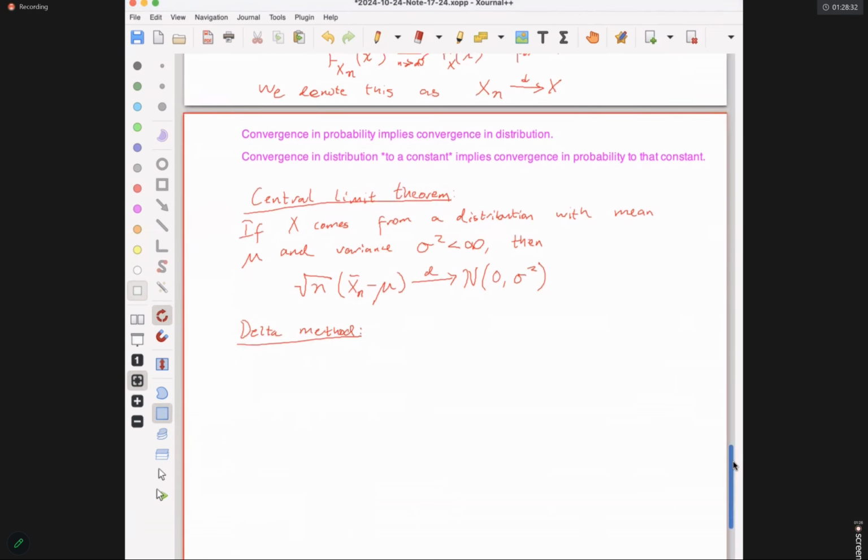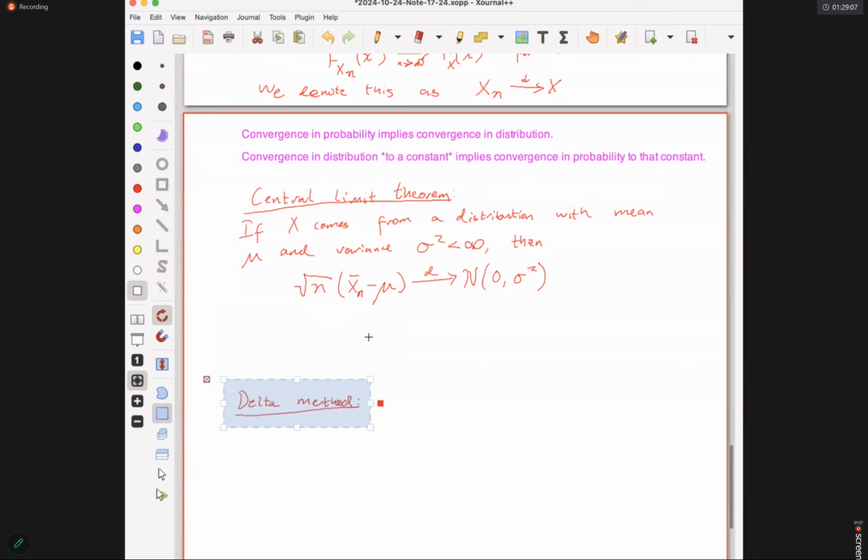And so now with this concept, we can talk about the central limit theorem. With the central limit theorem, we say that if x comes from a distribution with this particular mean and this variance, then this transformed variable converges in distribution to a normal 0 sigma squared. The delta method allows us to make transformations of the sample mean and describe their asymptotic distribution.